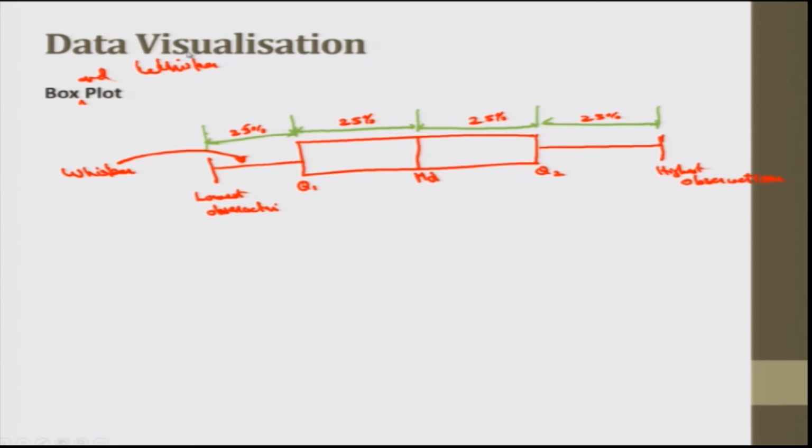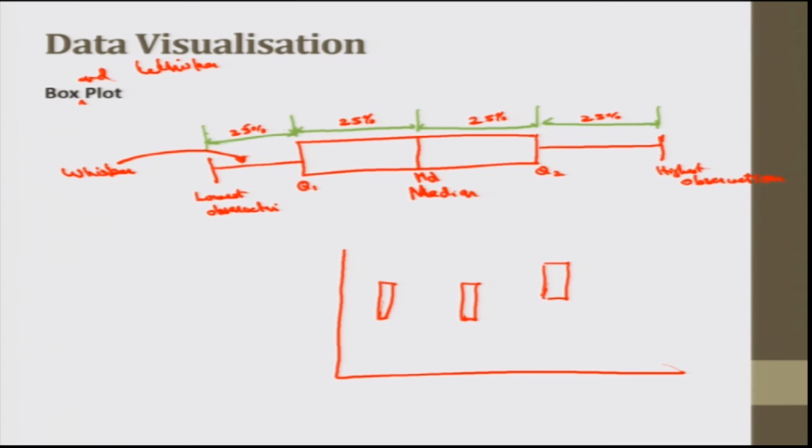So what is the significance of the box plot? Actually this is the median here. We can see the location of the data. Where is our data located? For instance, I can have boxes here in my data. Let me say this is like this.